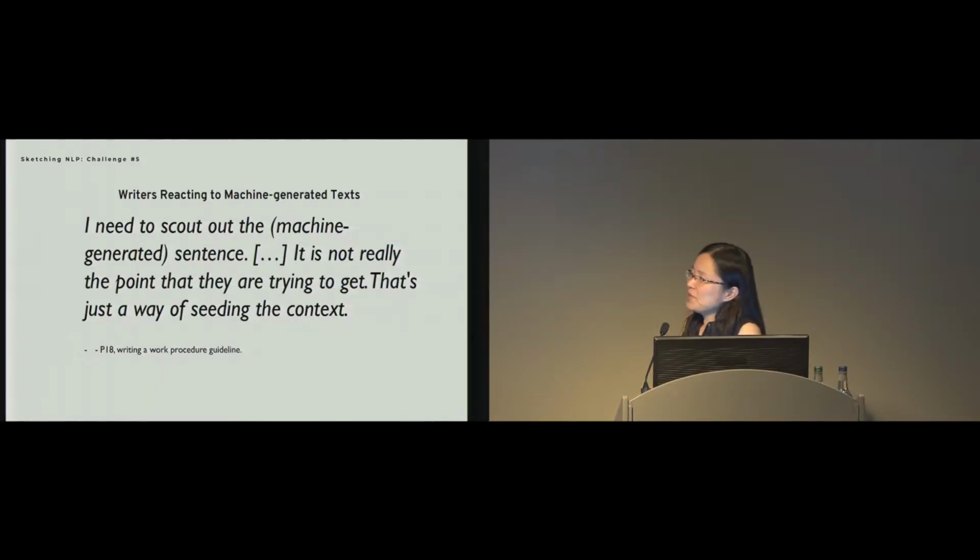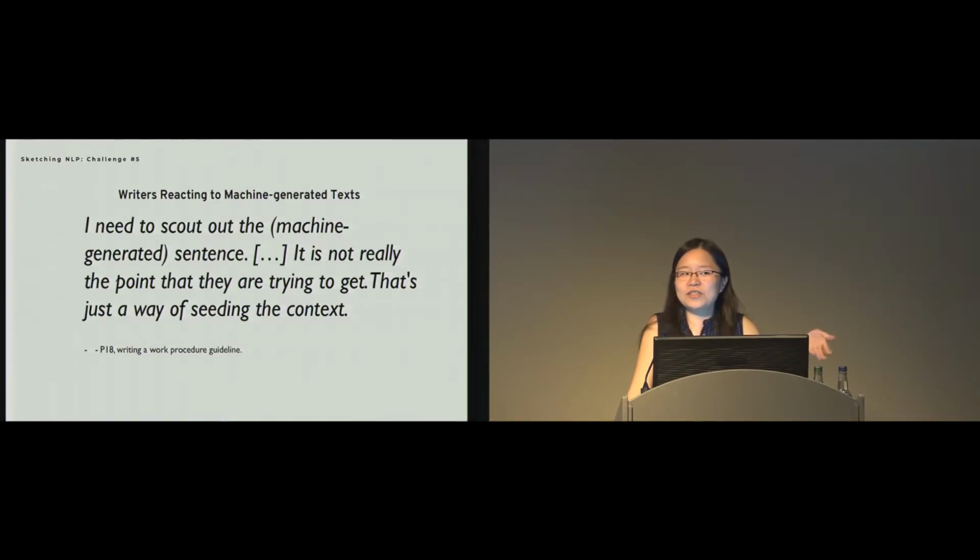I don't have time to go through all of these, but we got a lot of interesting and weird responses that we were not able to get when we do observational studies or controlled lab studies. One of the things, for example, when the writers saw the machine-generated text, sometimes they will say, well, this doesn't read right. That's one thing. And then there are times they say, well, the machine-generated sentence is really good, and I want to see the context.